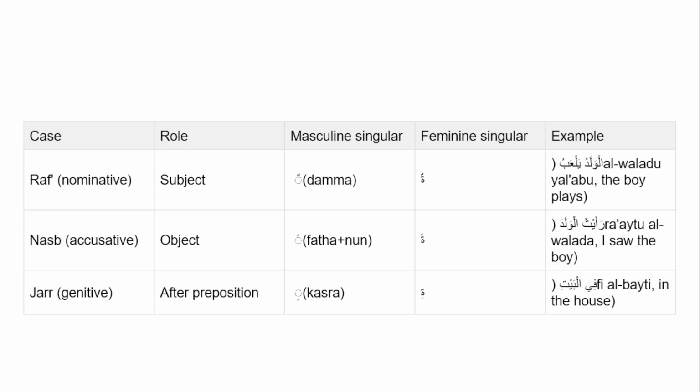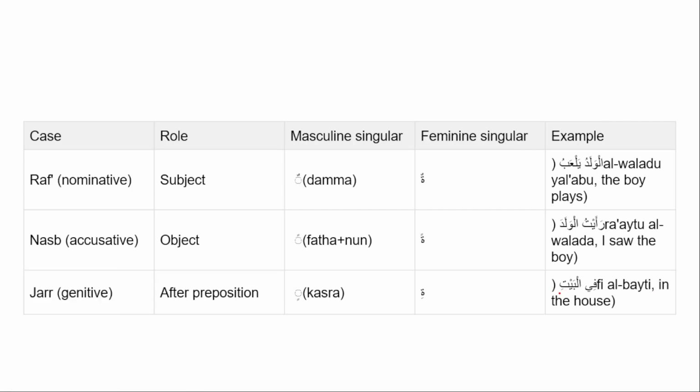Here, if you see the ending of the word al-waladu, the subject has a dhamma. For the next example, in the nasb category, you'll see ra'aytu al-walada, I saw the boy, with a fatha. And then in jarr, you will see fil-baiti. Whenever we have a preposition, the next word will automatically be like this.